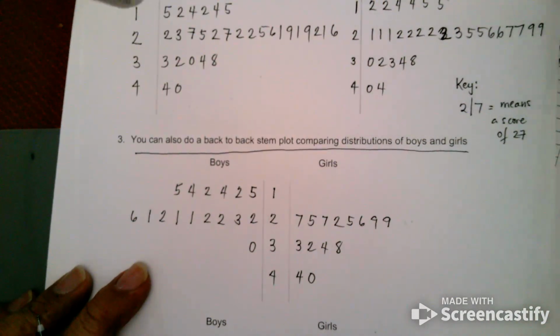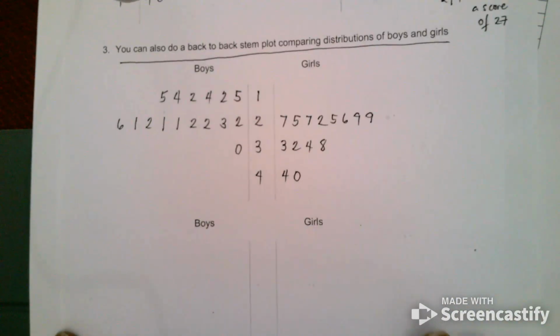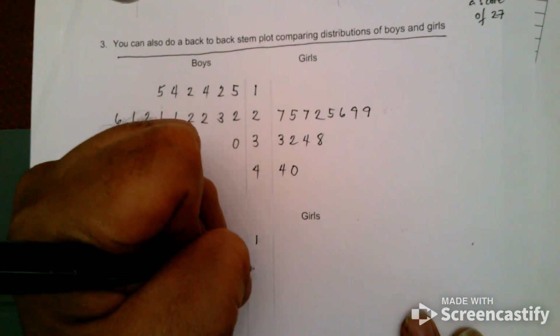After this, what you're going to do is simply arrange the numbers. So this would now be 1, 2, 3, and 4. I'll arrange the numbers from lowest to highest. Let's do the girls first. I have now 2.